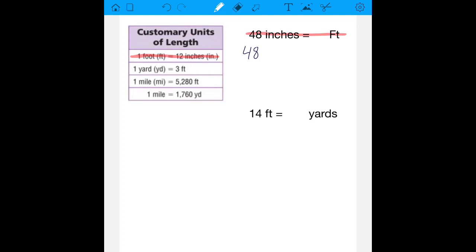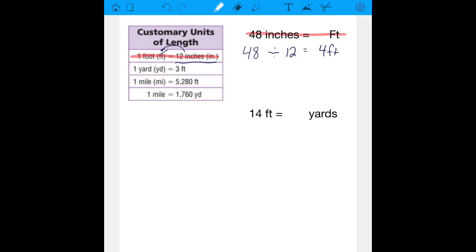On those last ones, I was showing you that you would multiply because we would have been moving from the left side to the right side of the chart. But in this case, we're moving from the right side of the chart over to the left. It seems like we're doing the opposite, so we should do the opposite of multiply, which means we should divide. So in this case, I'm going to do 48 divided by 12, and that equals 4 feet, which means 48 inches equals 4 feet.